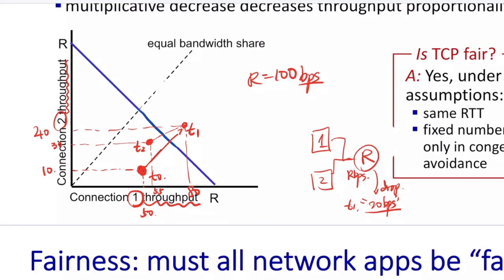Again, at time T2, the entire traffic is 85, which is less than 100.